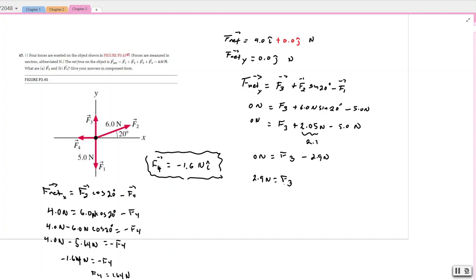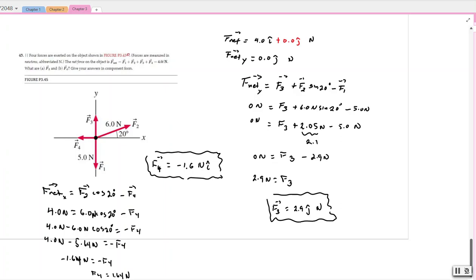So I know now that the direction that I took for F3 was correct, so F3 points up really. If I want to express F3 as a vector, I'm going to say that F3 is 2.9 j newtons.